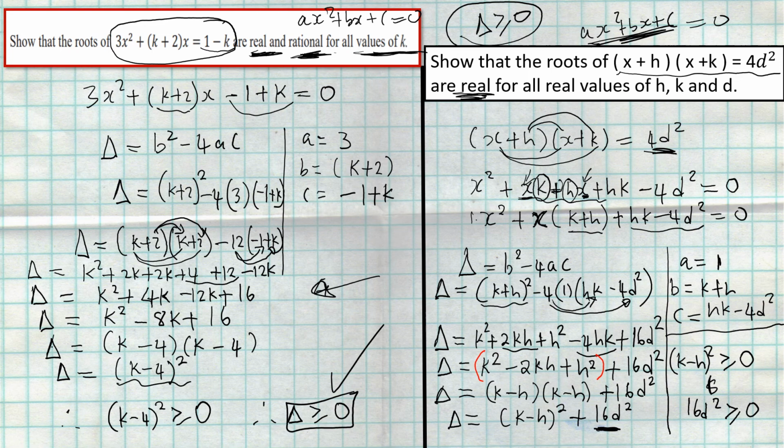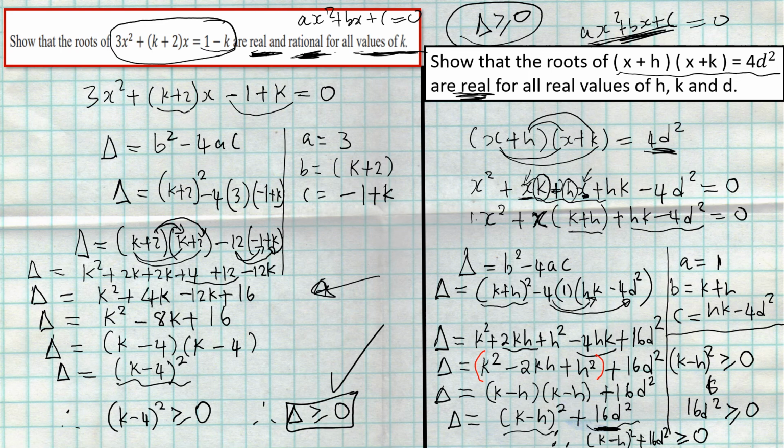Therefore, oh, my space is limited now. But therefore, you can see that (k minus h) squared plus 16d squared is also always going to be greater than or equal to 0, because this one is always greater than or equal to 0, and this one is always going to be greater than or equal to 0.